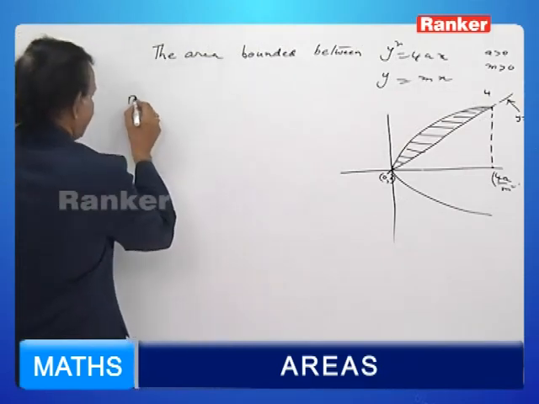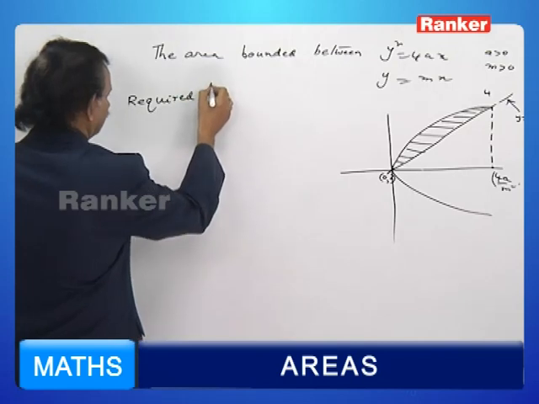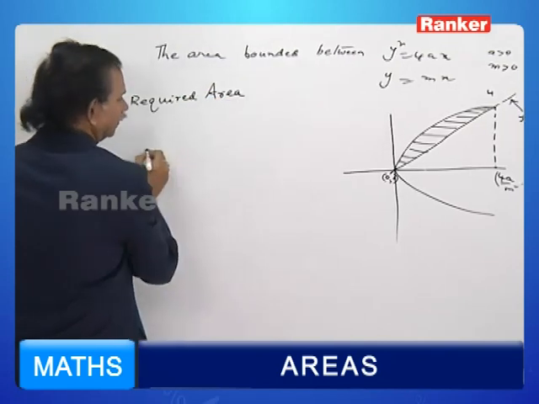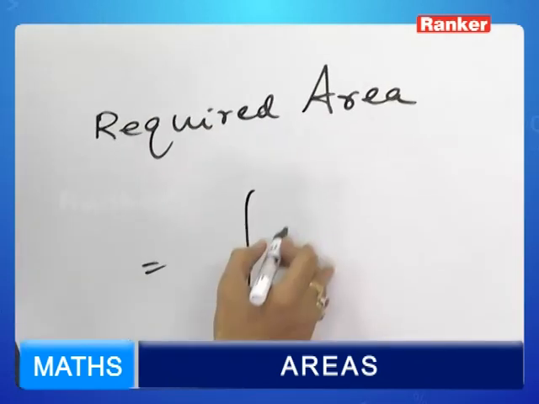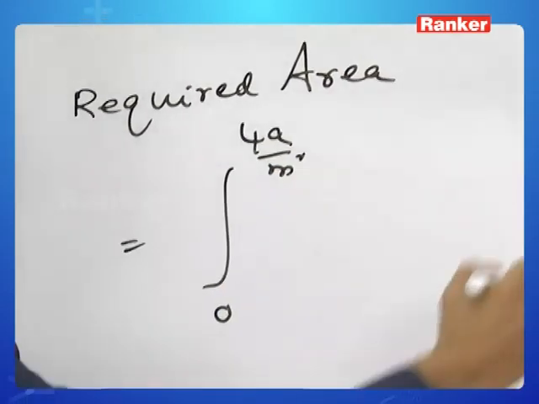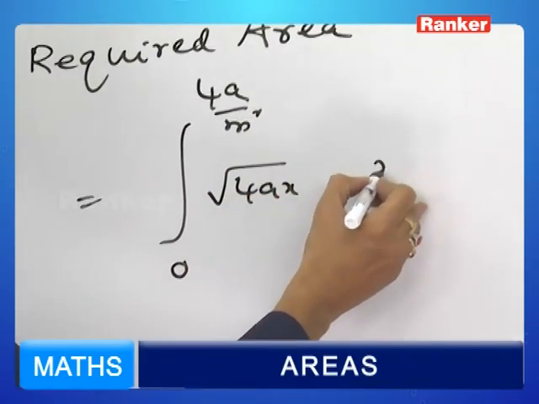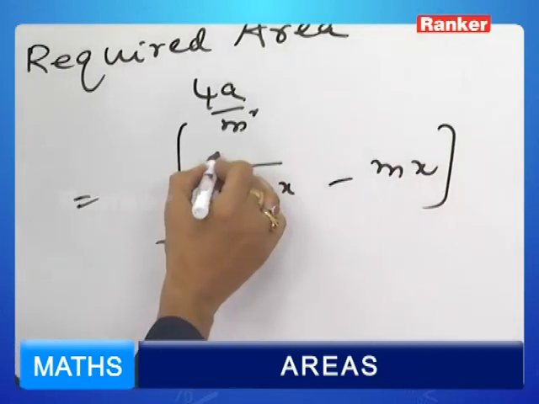Therefore, required area is integral 0 to 4a by m square. The upper part is root 4ax, the lower part is mx.